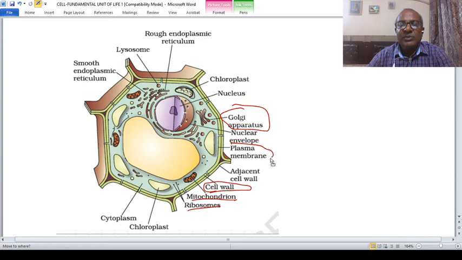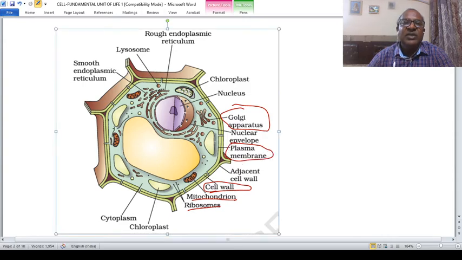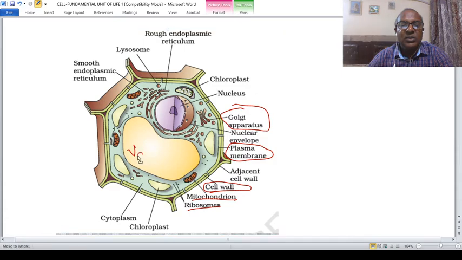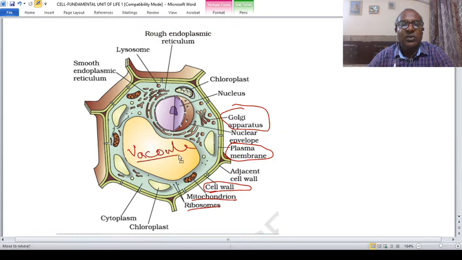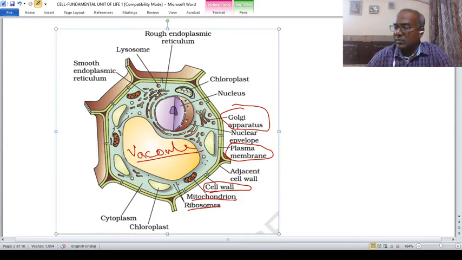Here plasma membrane lies inside the cell wall, and this one is vacuole. This center portion is vacuole. This is the nucleus.